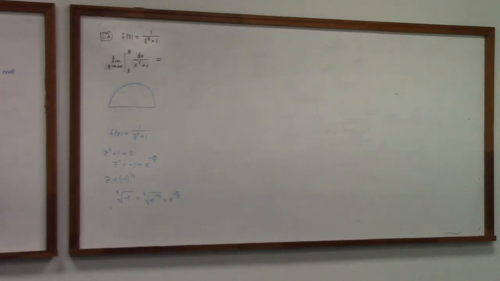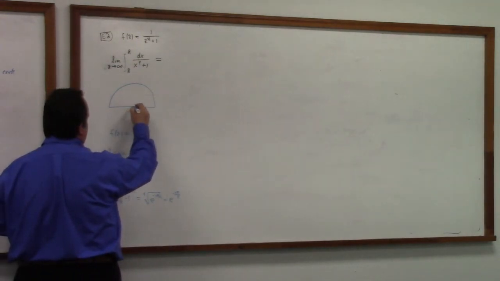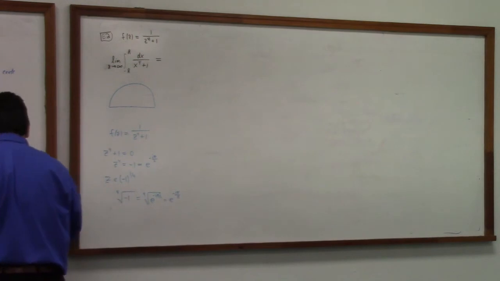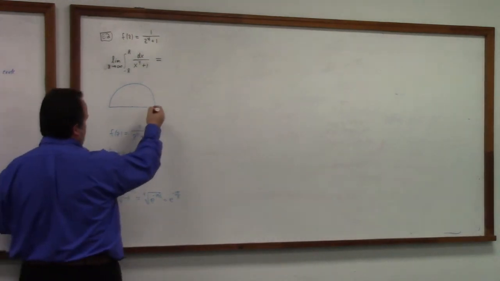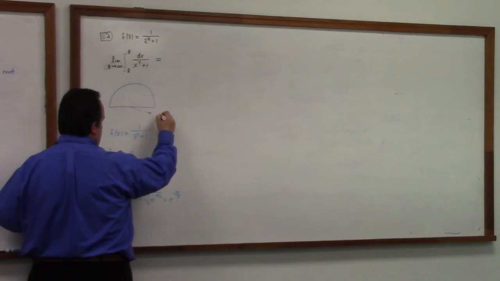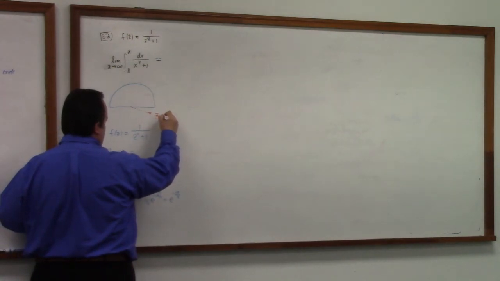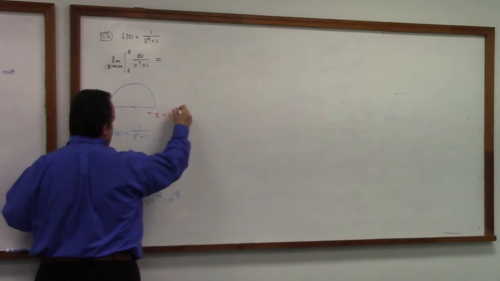So I get that one, and then what are the other ones? Where is that? It's a little bit below the axis, right? So that's like down here somewhere. Let's say here. Let me call it z1 equal to e to the minus I pi over 8.